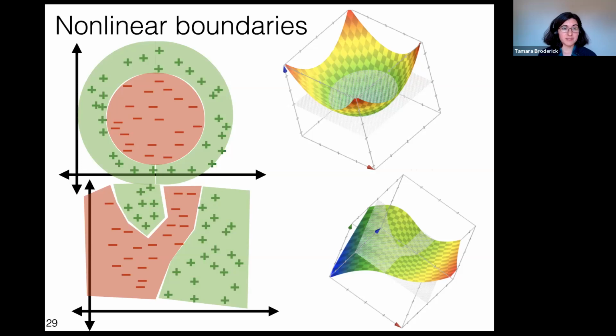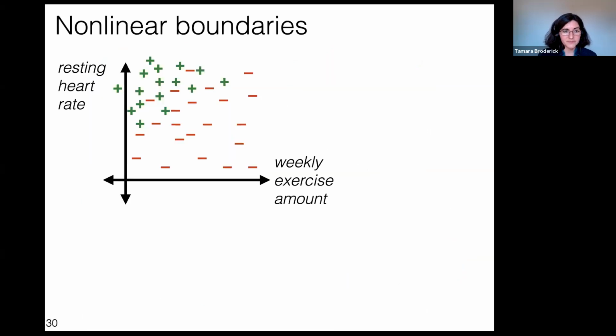So we have this ability now to fit some very flexible models with some very flexible boundaries. And so imagine that here is my data. And something we often see in real data is this kind of overlap.